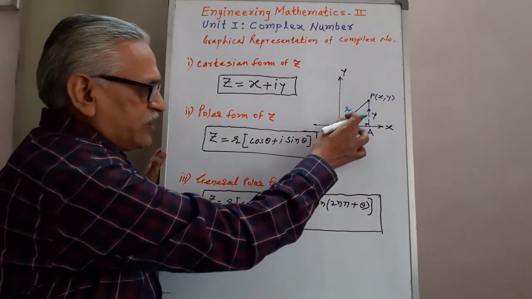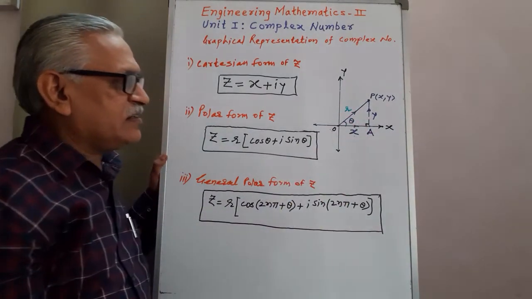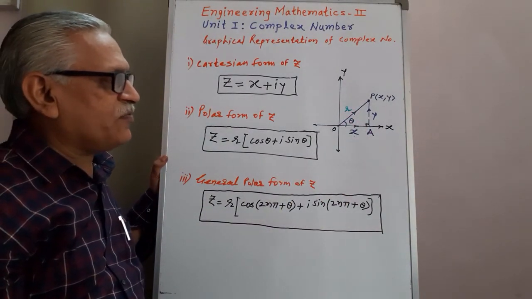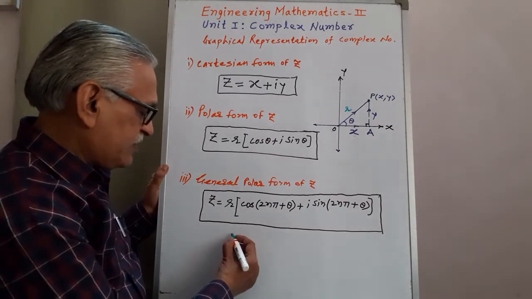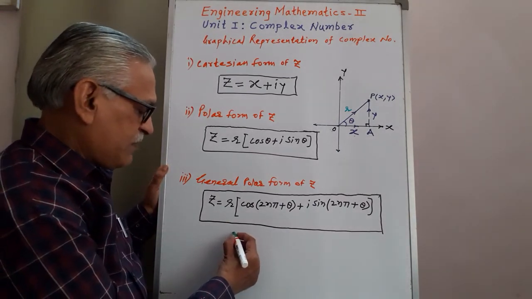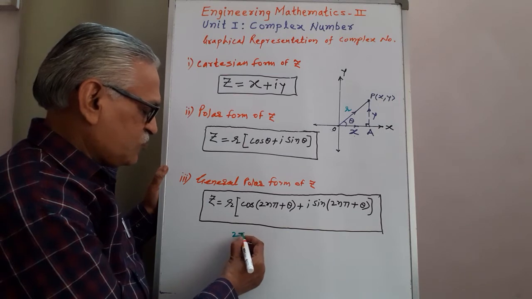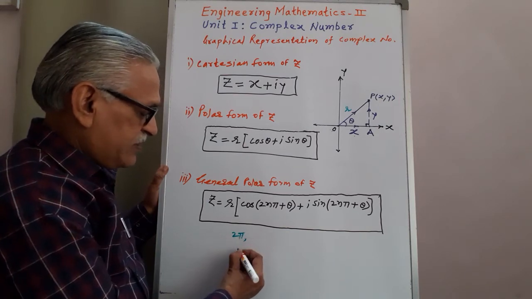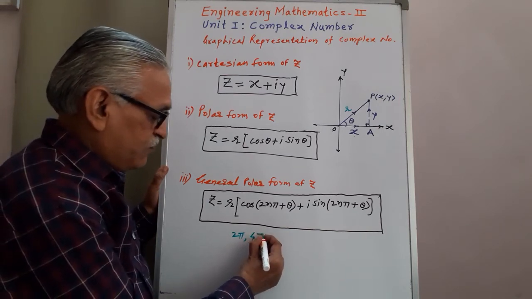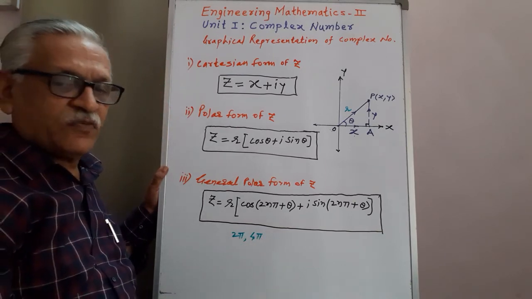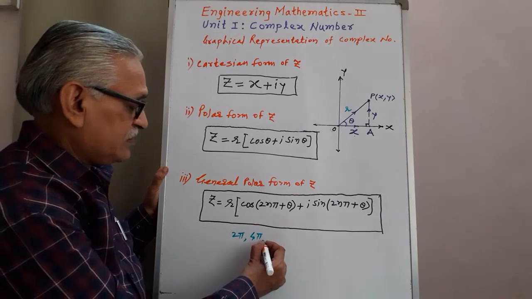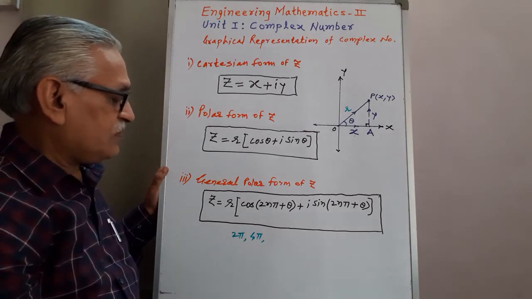If we rotate it once again by 360 degrees, the first rotation is 360, which means 2 pi, then if we rotate it by another 360, it is 4 pi.